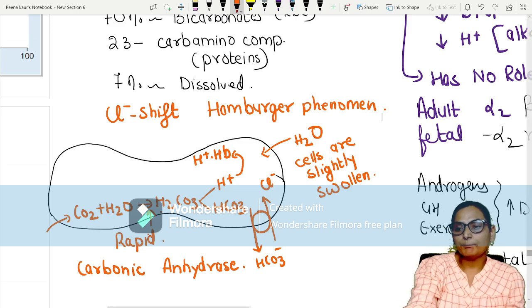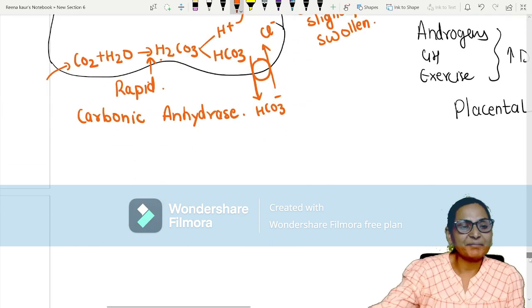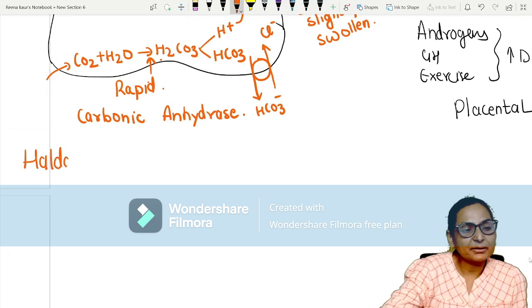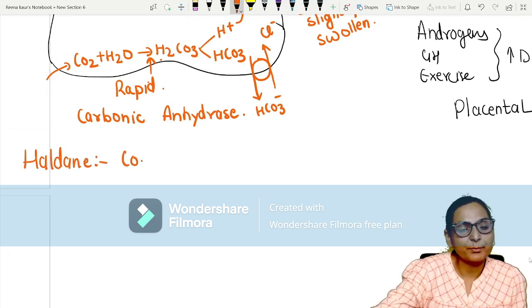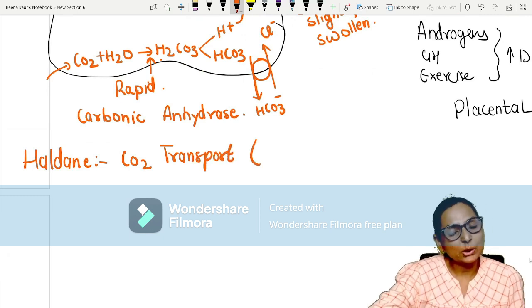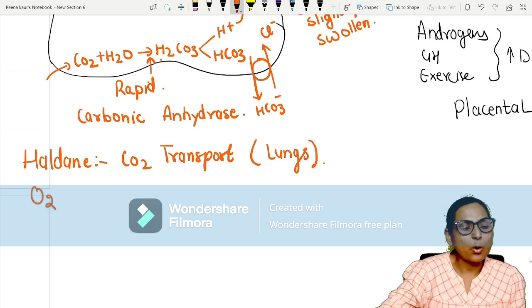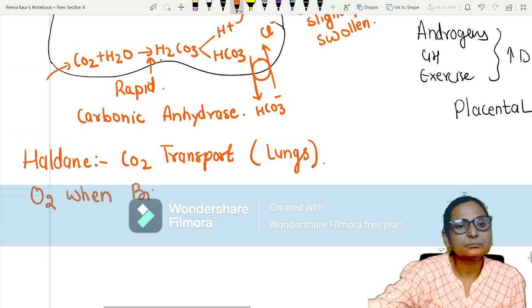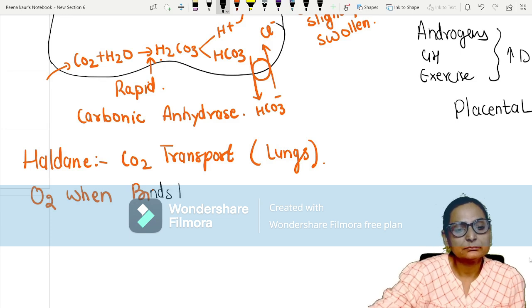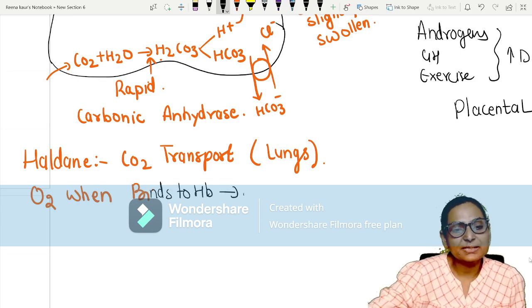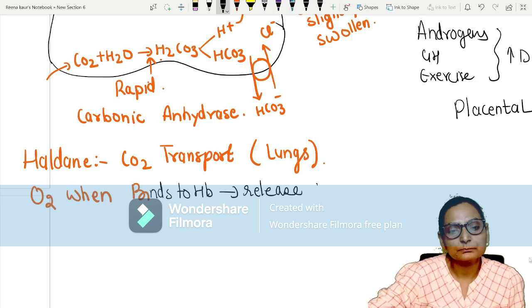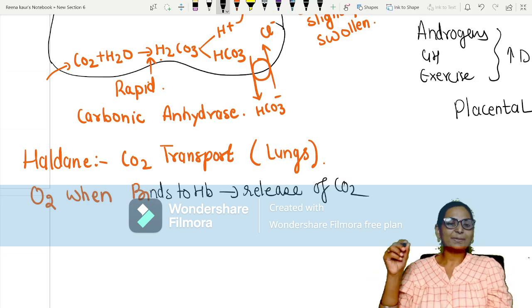Now, as we saw the Bohr effect, there is the Haldane effect that is associated with CO2 transport. The Bohr effect is on the tissues. The Haldane effect will be seen at the site of lungs. That is, when oxygen binds to hemoglobin, there is release of CO2. What happens when oxygen binds to hemoglobin?